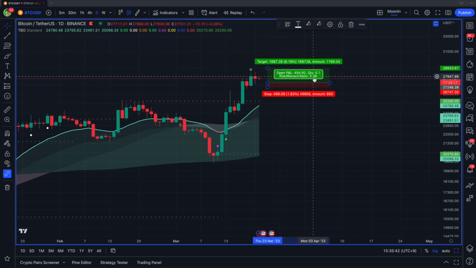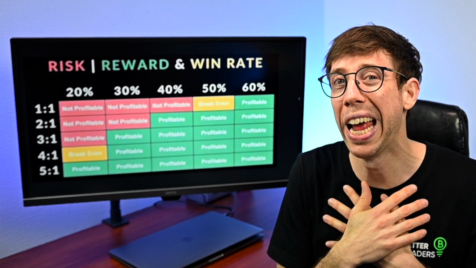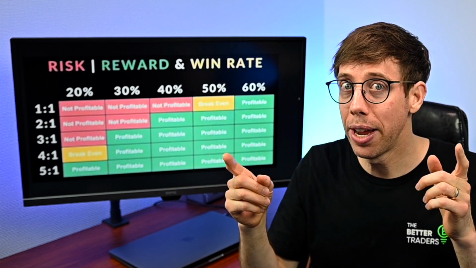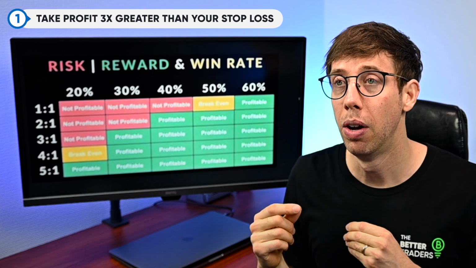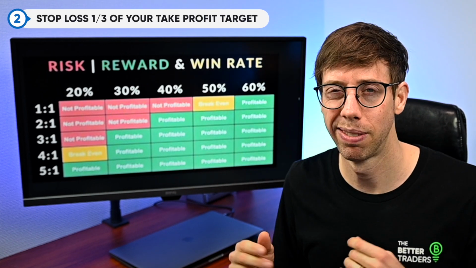It'll say like 3.0, which would basically be 3-to-1, or maybe it's 1.4, so then it would be 1.4-to-1. That's not very good. In my opinion, you want to aim for at least 3-to-1, meaning that either your take profit should be 3 times greater than your stop loss, or your stop loss needs to be a third of what your take profit is, roughly.